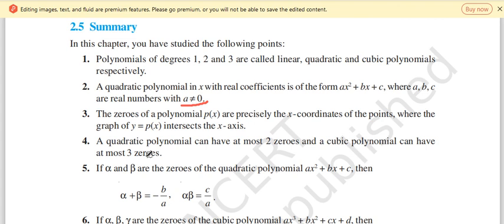The maximum number of zeros is 2, the minimum is 0. Similarly, a cubic polynomial can have at most 3 zeros, the maximum number of zeros is 3.